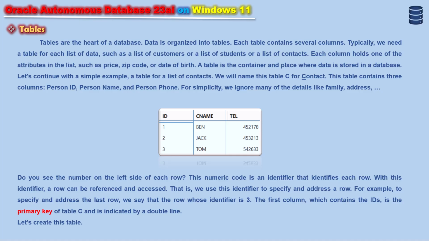With this identifier, a row can be referenced and accessed. That is, we use this identifier to specify and address a row. For example, to specify and address the last row, we say the row whose identifier is 3. The first column, which contains the IDs, is the primary key of table C and is indicated by a double line. Let's create this table.